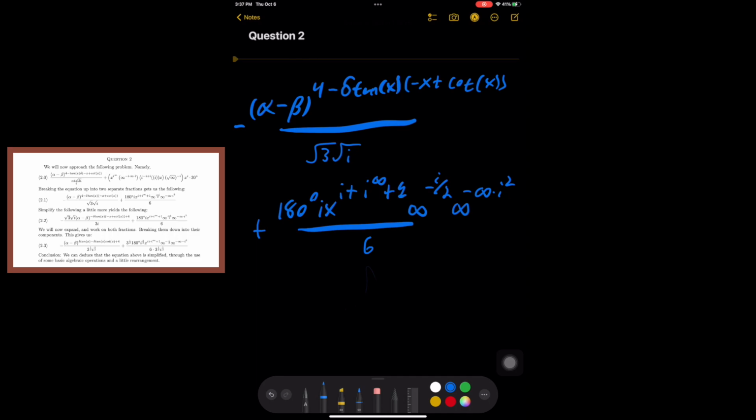And then we could subsequently simplify this more by taking off the root 3 root I and instead having the denominator as root 3 root I. So eventually we will, of course, bring the root 3 root I down to the denominator again. We're just doing this to simplify the equation on the top a bit easier. You don't actually have to do this, it's not necessary, but eventually we're going to multiply root 3 root I on the other fraction, so in that case it would be relatively easy and relatively convenient.